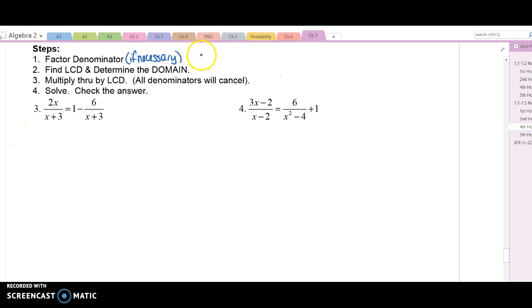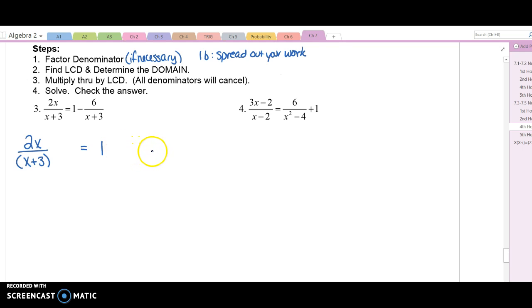I'm going to add a second step, step 1b, spread out your work. So I'm going to write 2x over x plus 3, give myself some space, equals 1, give myself some space.